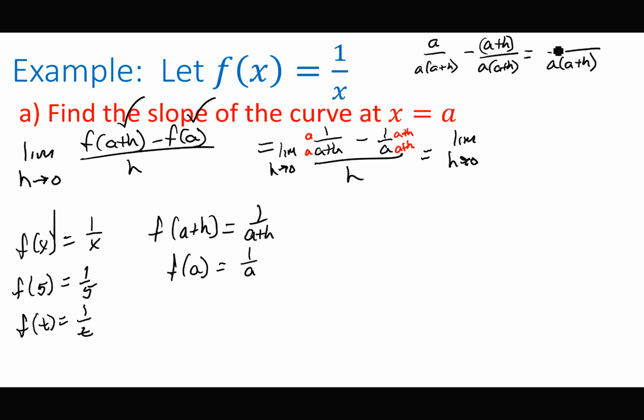But my numerator is going to be a minus a plus h, because I'm subtracting that quantity in parentheses. Well, a minus a is 0. Doesn't matter. 2 minus 2 is 0. X minus x is 0. A minus a is 0. But I still have this negative h. And then my common denominator of a times a plus h.